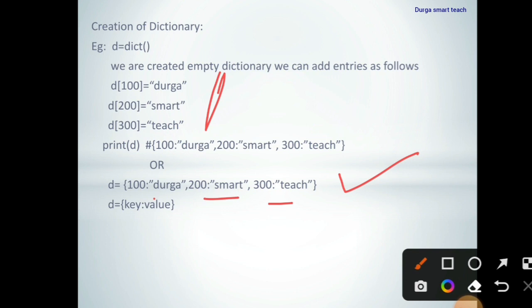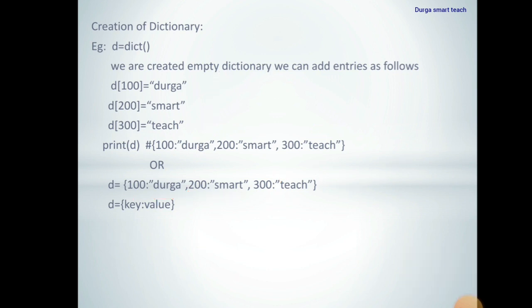Here keys and values are separated by colon and every element is separated by comma. Strings are represented in double quotations. The syntax is D is equal to {key: value}.